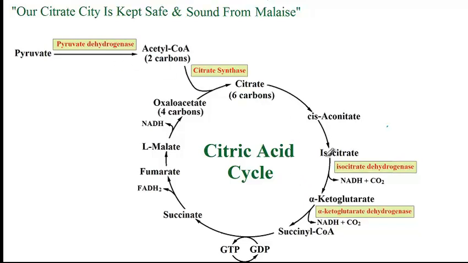So basically the overall rate of this pathway is controlled by one, the rate of the conversion of pyruvate into acetyl coenzyme A, and then second, by three of the enzymes that are in the citric acid cycle. And if you look at different sources, some of them say, oh, isocitrate is the rate limiting step of the citric acid cycle. Another book may say, oh no, it's the alpha ketoglutarate.